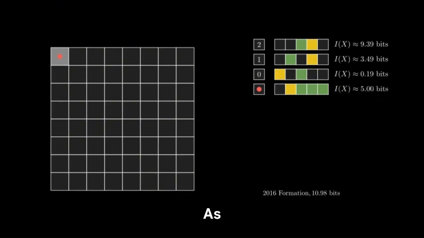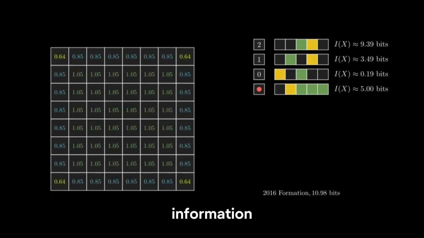As for an empty cell, it gives you 180 configurations of mine layouts, giving you 0.19 bits of information. And as for the bomb, it gives you exactly 63 possible mine layouts, equal to 5 bits of information. However, before we click the tile, the expected information that we're going to have will be worth 0.64 bits of information. If we calculate the rest of the other tiles, we got this.